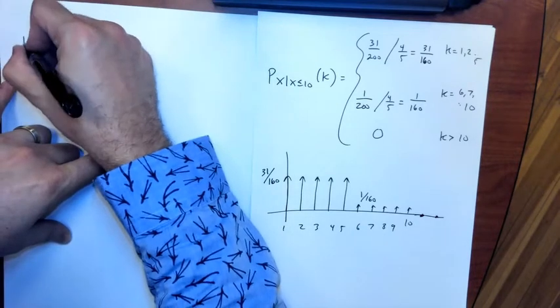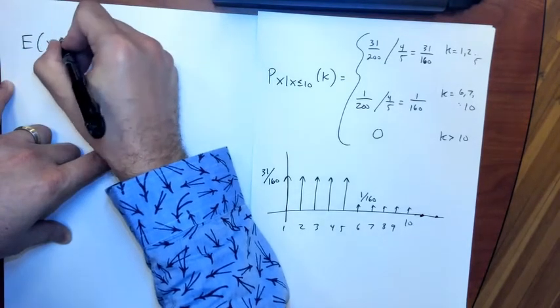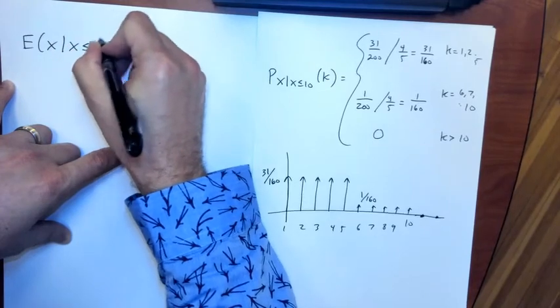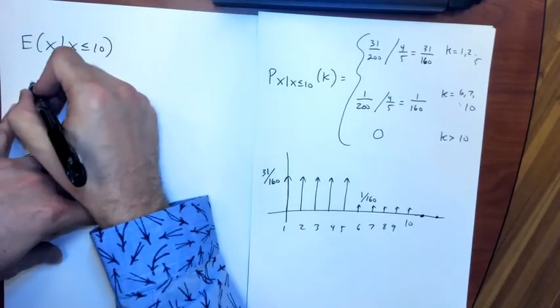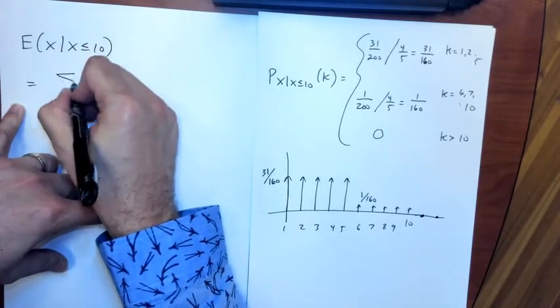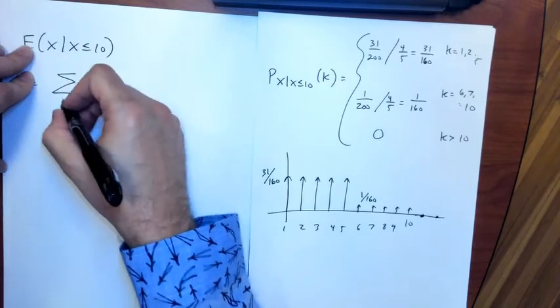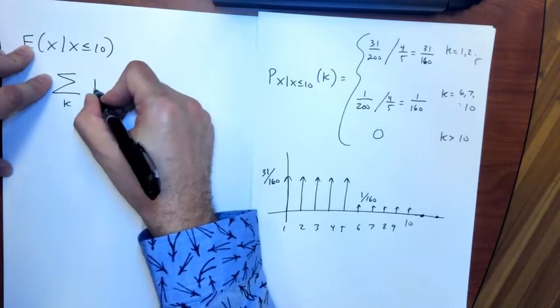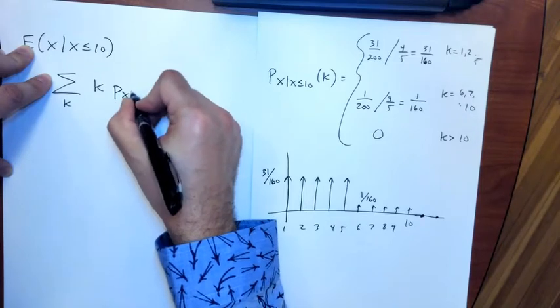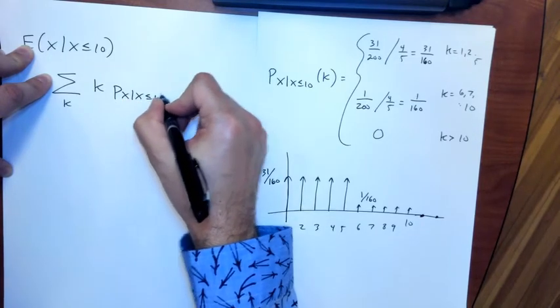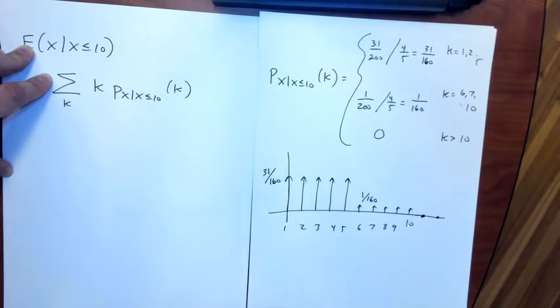So the expected value of x given x is less than or equal to 10, well, it's going to be basically the sum over the possible values of the corresponding PDF values.